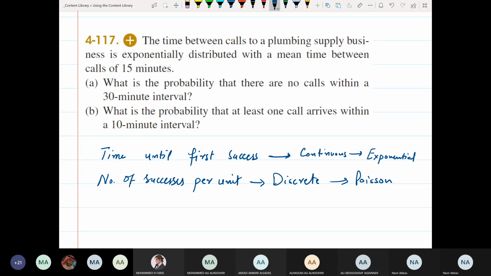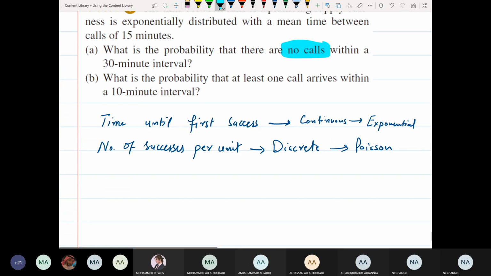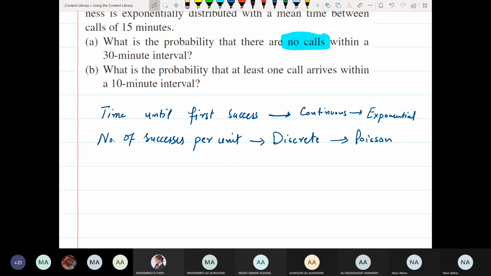The part A question is about number of calls. It is not about time until the first call. It is about having no call within 30 minutes. So here you define another variable, let us say x1, that is number of calls per 30 minutes.